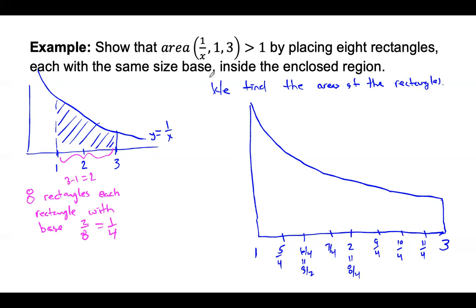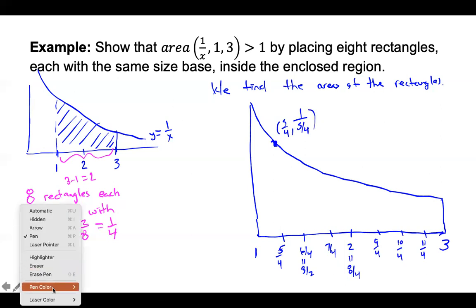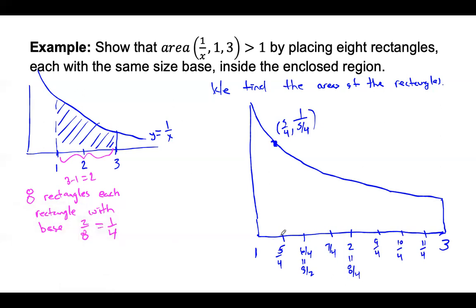And we know the function is 1/x. So when x equals 5/4, this value here is going to be 1 over 5/4. So then the height of this rectangle right here, 1 over 5/4, the height is therefore 4/5.